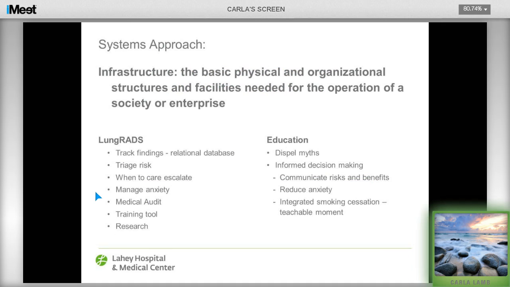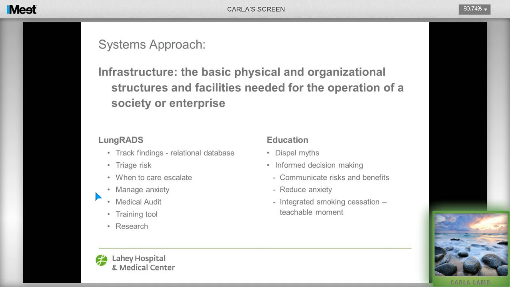So changing gears to focus a little bit on Lung-RADS so that we have a baseline to work with. Again, it's a standardized reporting system radiographically. It helps risk stratify and guides in the report the ordering physician to next steps, which for the majority of patients will be only that they have a negative CT and they would need annual screening.